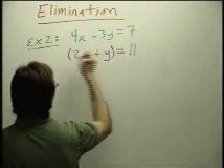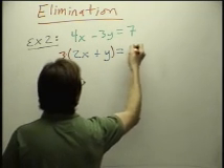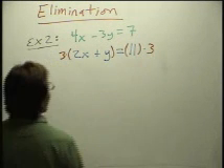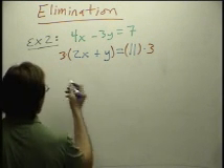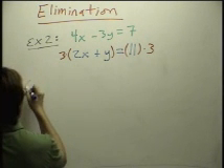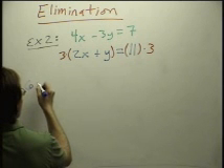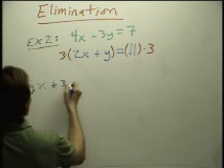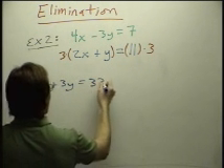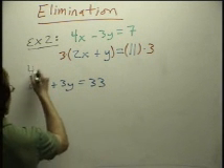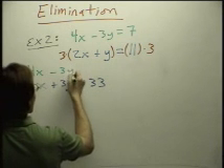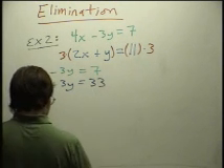Let's multiply on both sides by 3. And so our second equation becomes 6x plus 3y equals 33. Our first equation we're going to leave alone: 4x minus 3y equals 7.